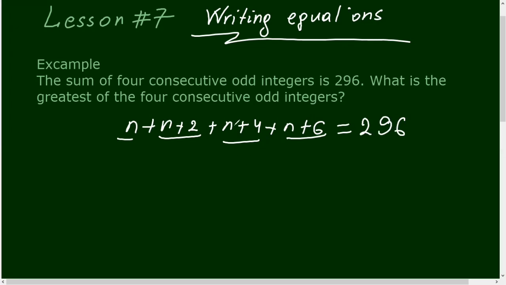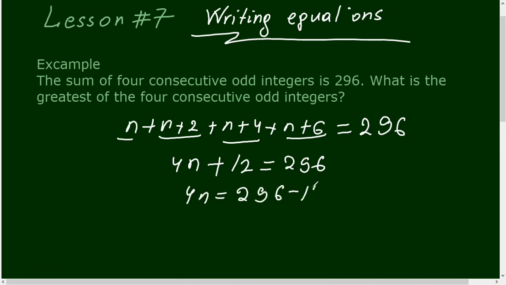1n, 1, 2, 3, 4, they are 4n. So I write 4n plus, and 2 plus 4 I get 6, 6 plus 6 I get 12, equals 296. So if I have to solve this equation, I write 4n equals 296 minus 12.